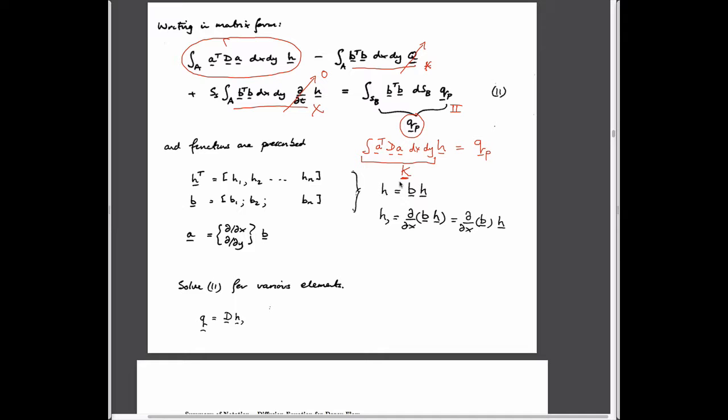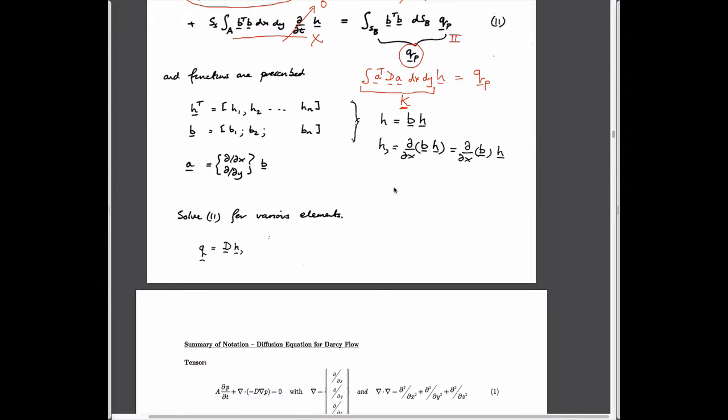You remember before that when we solved this problem, we had Q1, Q2 is equal to area times hydraulic conductivity over length multiplied by 1, minus 1, minus 1, 1, and then multiplied by the heads, H1 and H2.